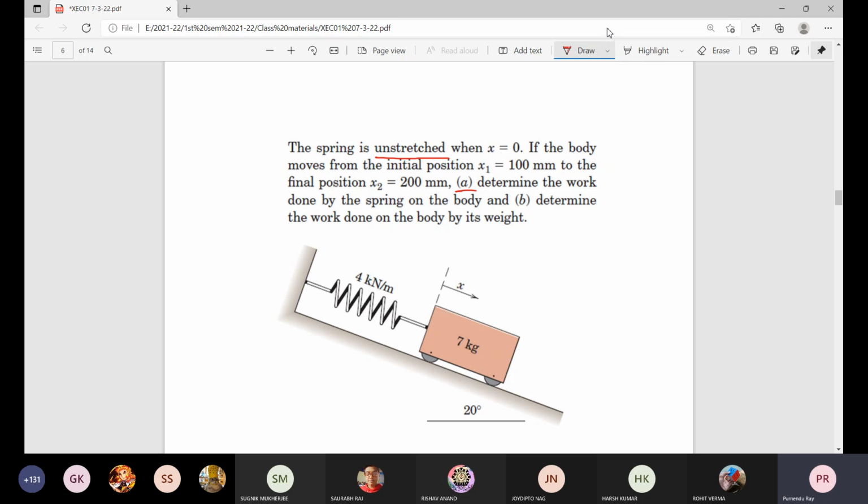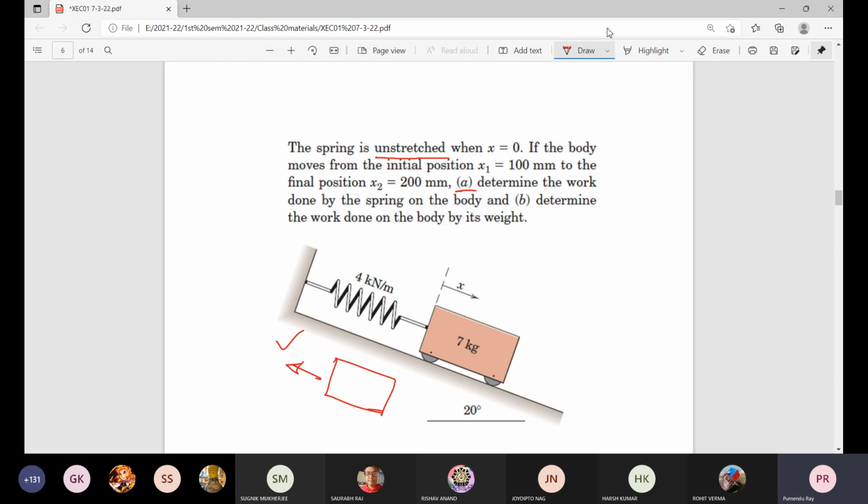Now, what about the force offered by the spring on the body? Kx, K del X means difference. This is the direction of the force offered by the spring on the body.